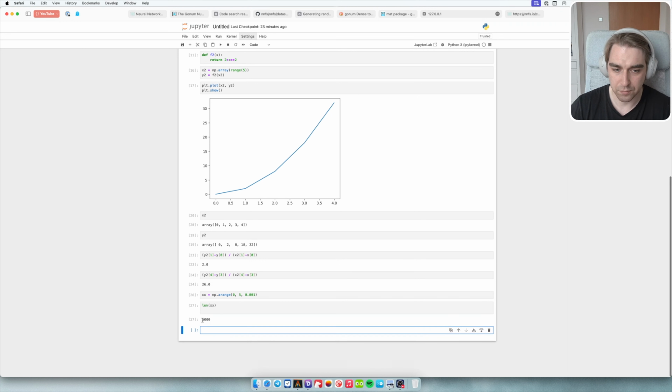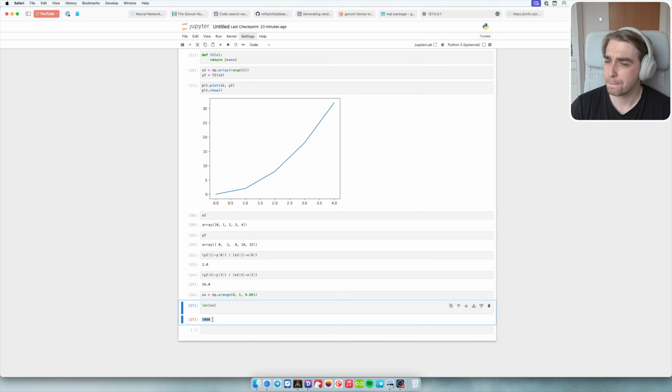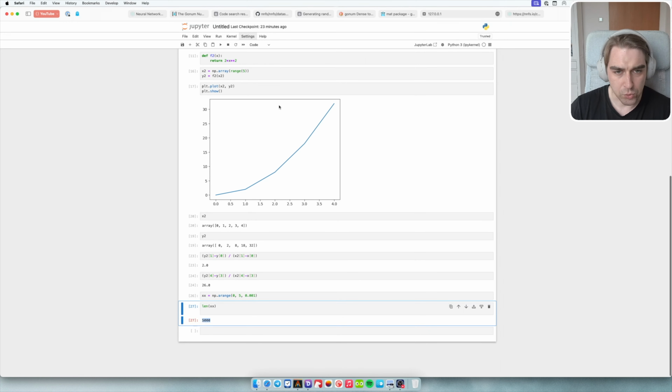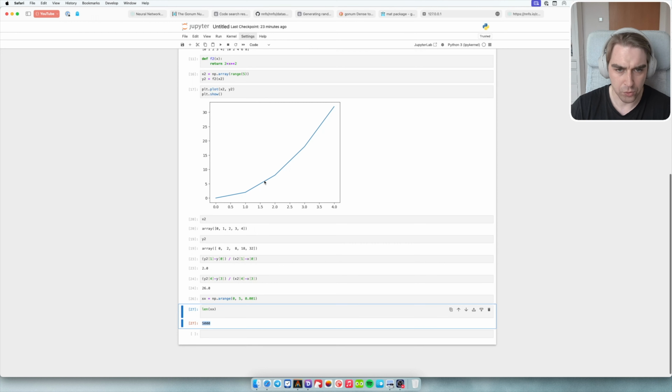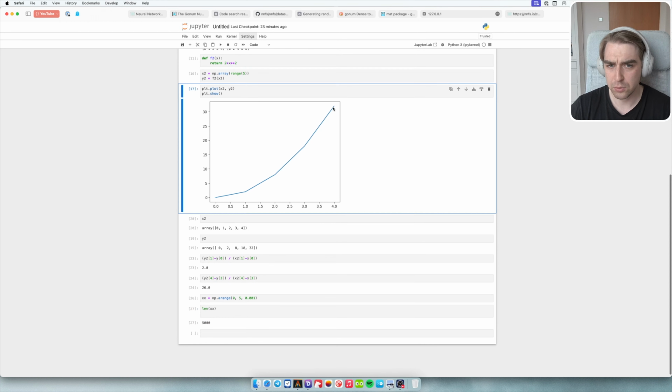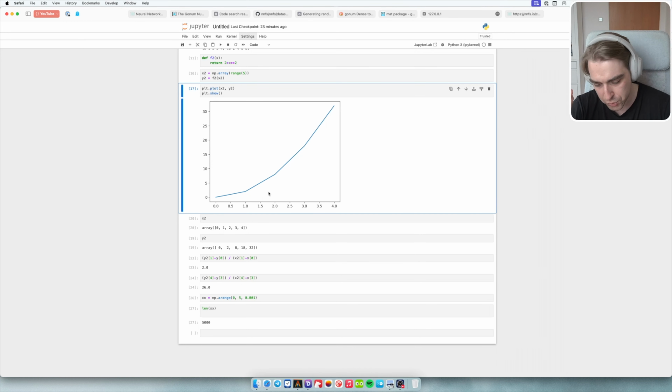There are 5,000 items in here, and this is why it's much smoother, because to plot this one I used just 5 points, and the plot just shows the data, connecting nearby points with a straight line. The more points you have, the closer they are to each other, the smoother the curve.